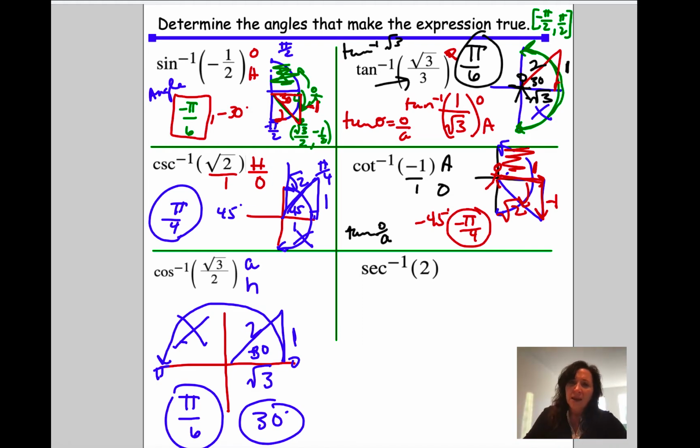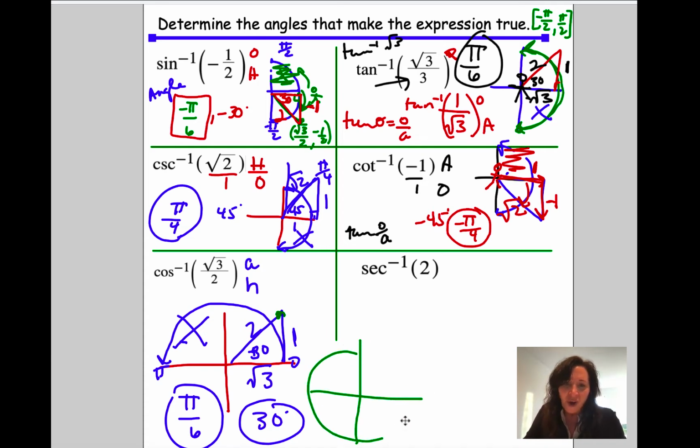A lot of you, I'm very proud to say, have memorized these points too, from the songs that we've been singing, I don't know how many times. If you remember our song, and remember at this point here, if you can just remember the first quadrant, we go 1, 0, and then this point right here on the unit circle would be root 3 over 2, comma 1/2.